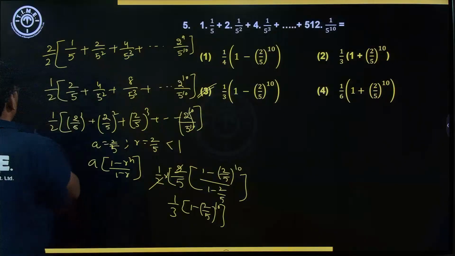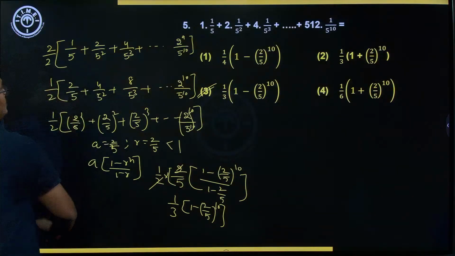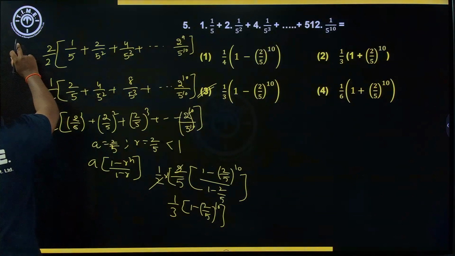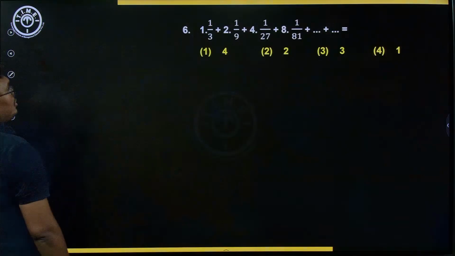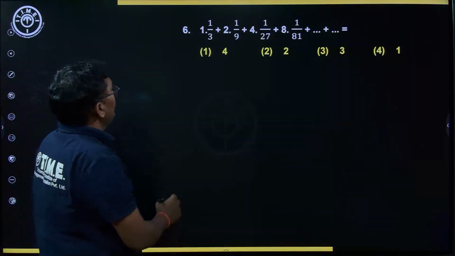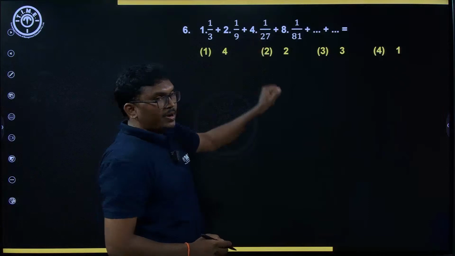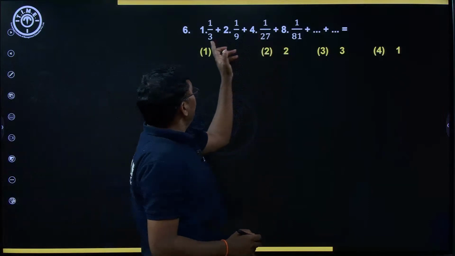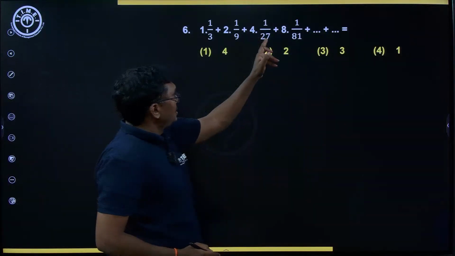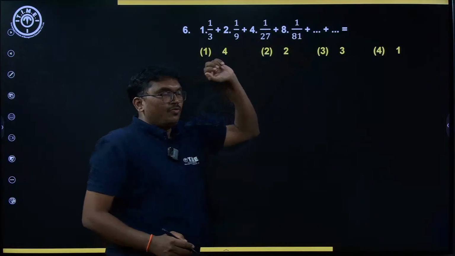Next, question number 6. It is 1 by 3 plus 2 by 9 plus 4 by 27, and these are powers of 3: 3 power 1, 3 square, 3 power 3, 3 power 4, like that.